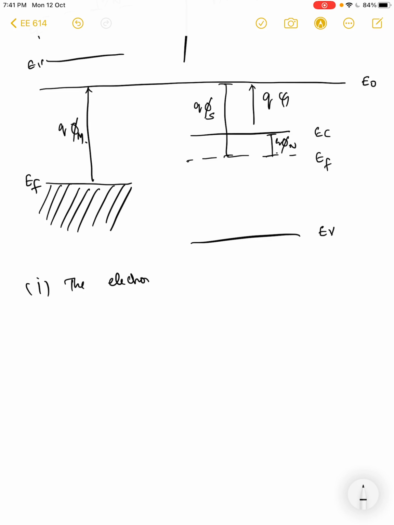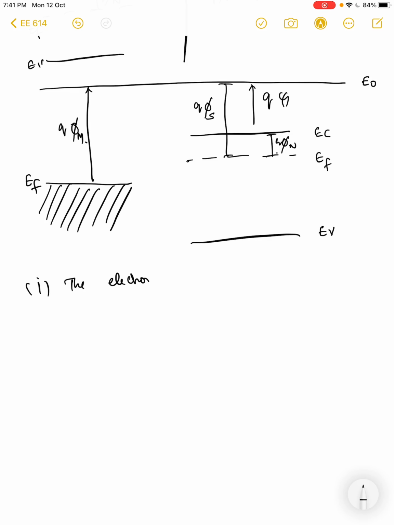And you have a discontinuity in the band structure here. So you have the Fermi level here, EC is here, and basically an electron in the metal, if it wants to go to the semiconductor, it has to cross this barrier.